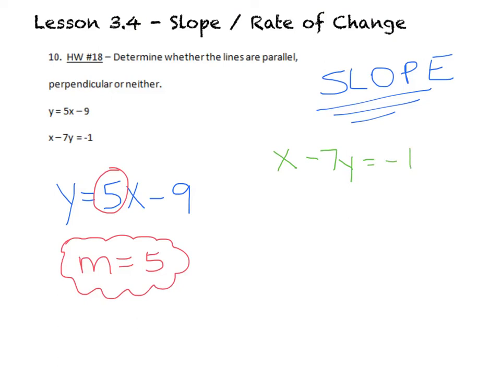Now, remember, this is so important and it's so easily forgotten. You cannot determine slope unless y is by itself. So we've got to get y by itself. The first thing I'm going to do, and I like to do this, is I like to put a coefficient with the x. So we're going to make it 1. We need to get that to the other side, so we're going to subtract 1x.